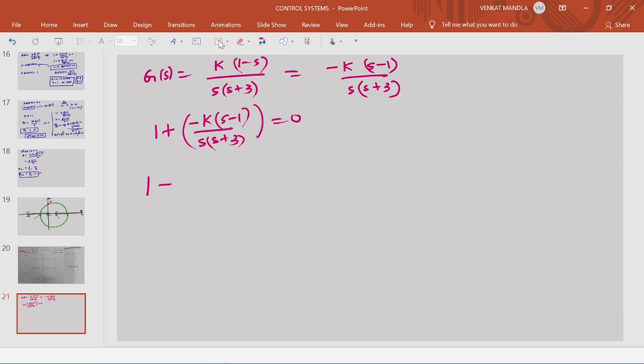From this, 1 minus k (s minus 1) by s into (s plus 3) equal to 0. I will compare this with 1 minus k G(s)H(s) equal to 0.